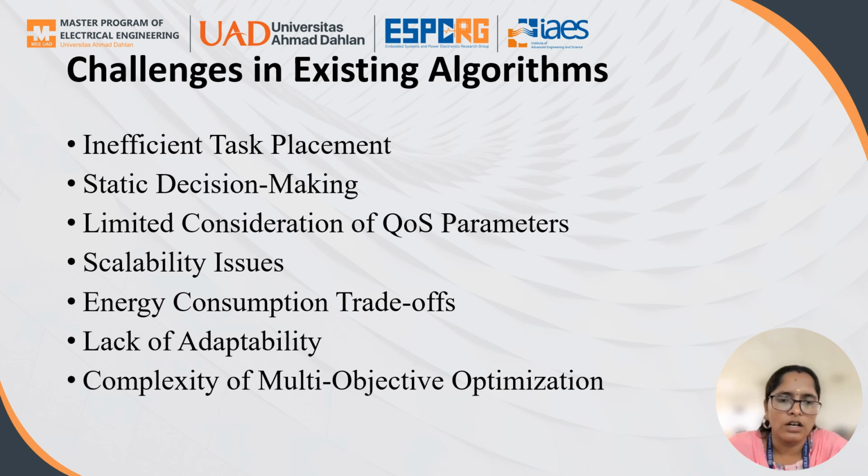That means in one algorithm only latency will be considered, or in some papers latency and a few other quality of service parameters will be considered, and these are the main limitations we face in the existing algorithms. We also have challenges like energy consumption trade-off, lack of adaptability, scalability issues, and complexity of multi-objective optimization.